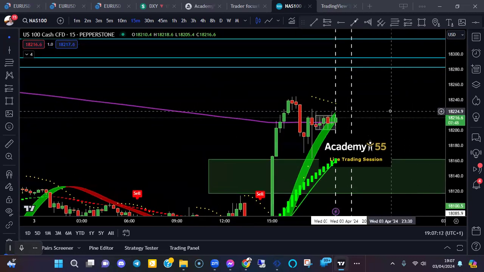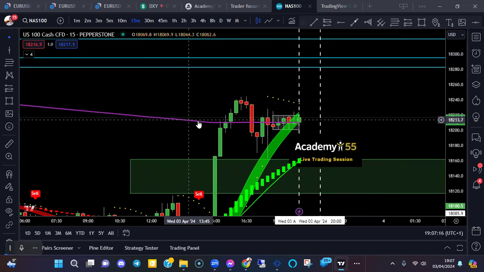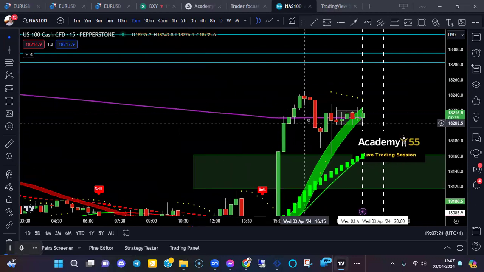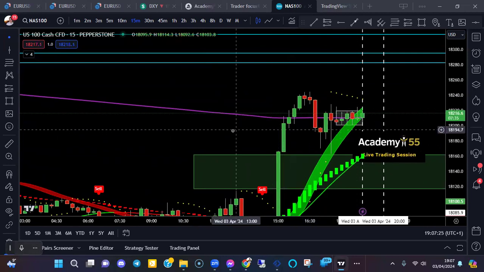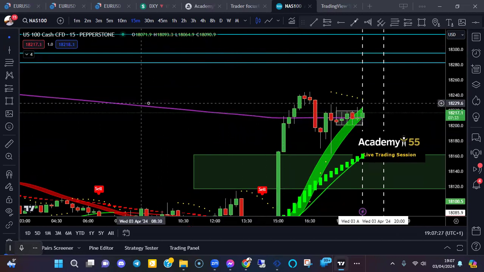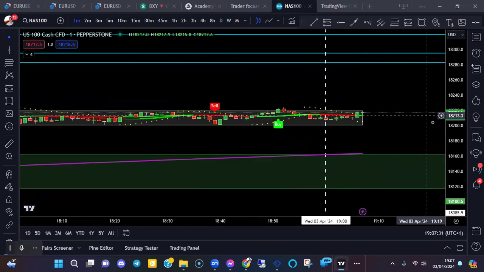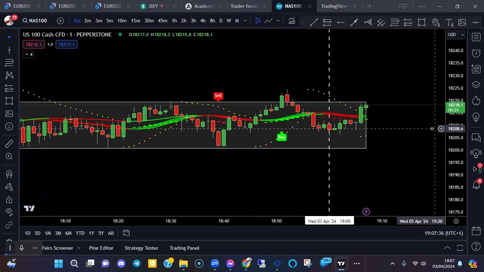The indicators act the same on any time frame, although obviously they are in different positions, because the 462 average of 15-minute candles is different to the position of 462 1-minute candles.